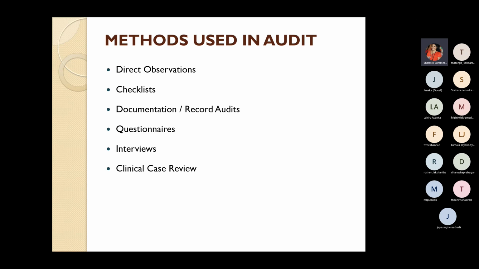We have a set of questions, and options could be available, or we ask people to provide answers. When we talk about an internal audit, the higher authority or management prepares a set of questions and issues them to all the employees who are working, and they get some idea.